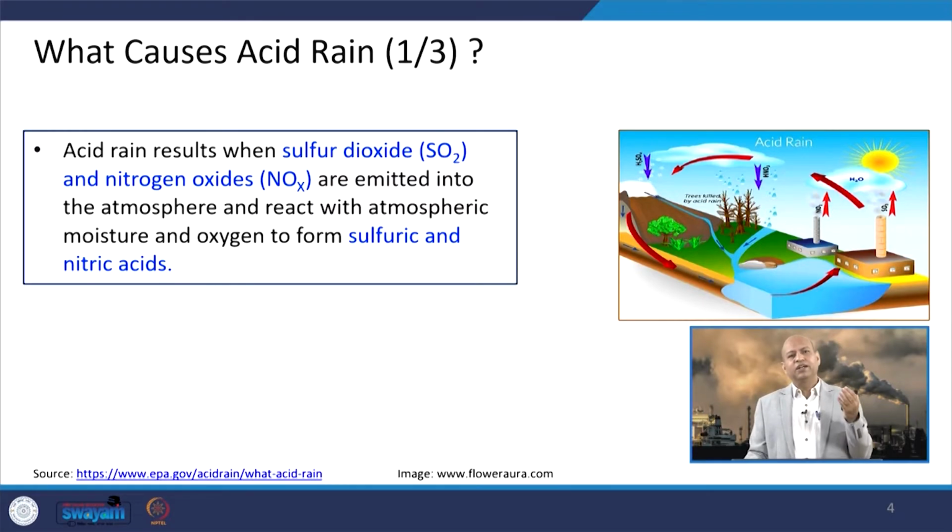Coal contains sulfur, which goes into the air as sulfur dioxide unless we capture it completely. Sometimes those capturing instruments are not 100% efficient, so some sulfur oxide remains, and there can be several other sources of sulfur dioxide, not only coal-based thermal power plants.